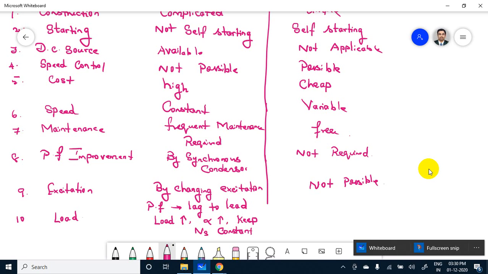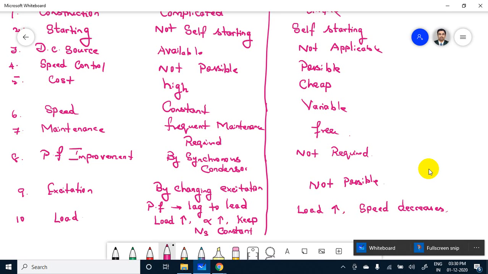But in the induction motor, if the load increases, the speed decreases. So it is one of the disadvantages of the induction motor.